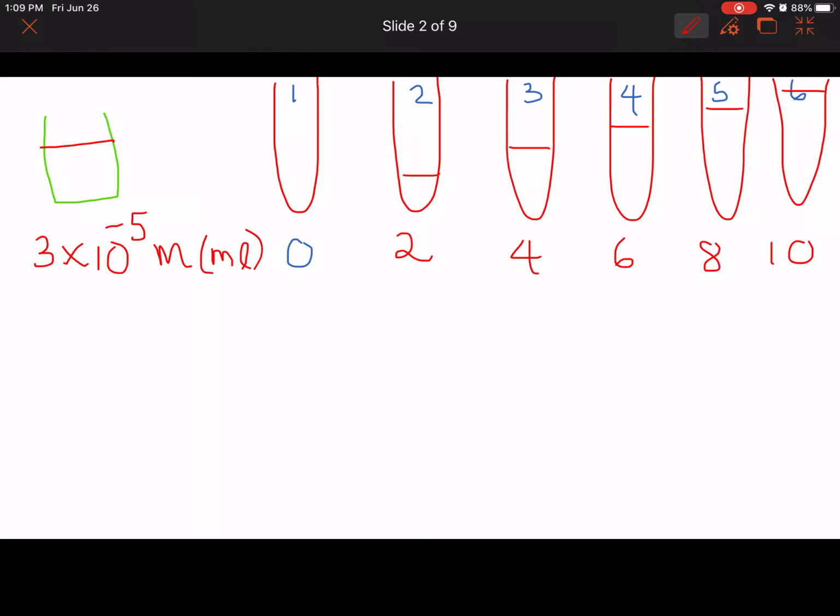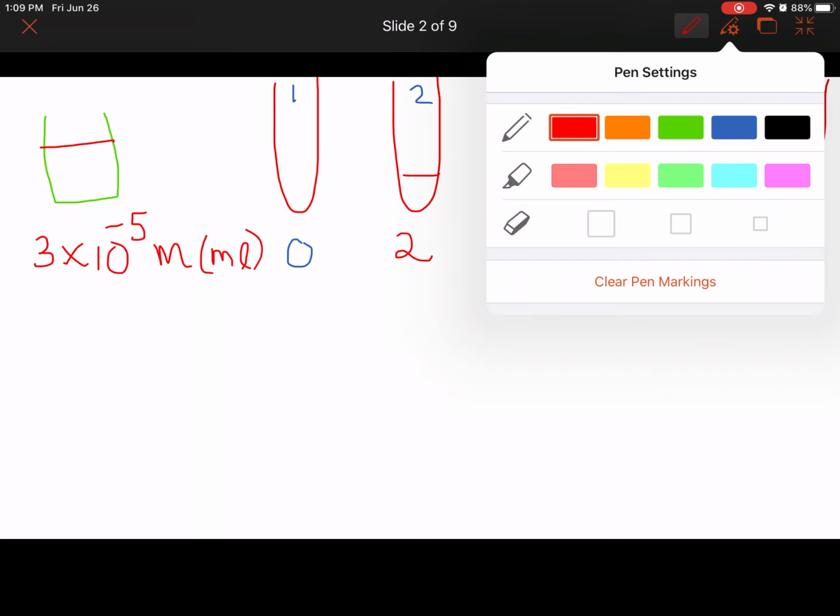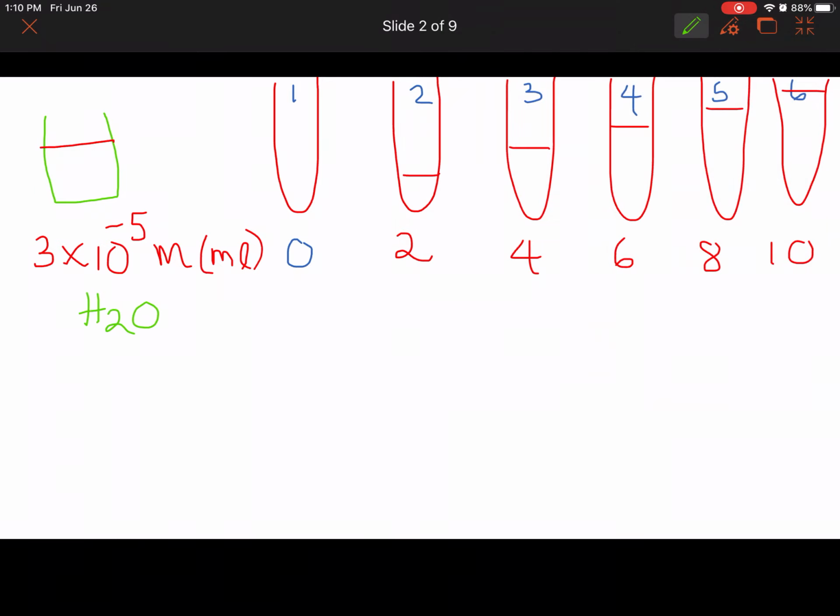As you can see, since we have different amounts added, when you add water to these, the concentration is going to change. Now we're going to be adding a certain amount of water. The first one, you're adding 10 milliliters of water, with no Allura red in it. For the second one, you're going to be adding 8 milliliters of water, then 6 milliliters of water, and then to this one 4 milliliters, to this one 2, and no water for the last one.